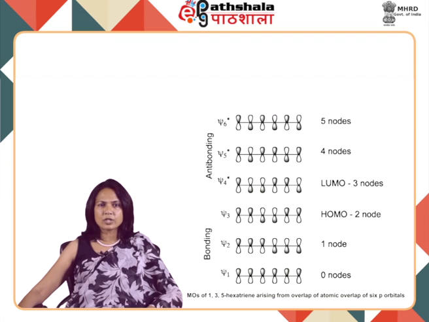In the ground state electronic configuration, the 6 pi electrons occupy the 3 bonding MOs, so psi3 is the HOMO and psi4 star is the LUMO. In the excited state, which results from electron promotion from psi3 to psi4 star, psi4 star is the HOMO and psi5 star is the LUMO.